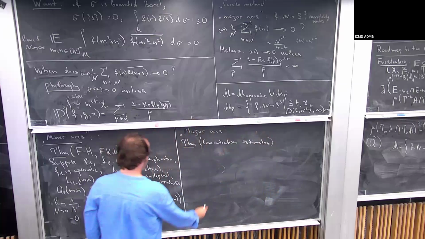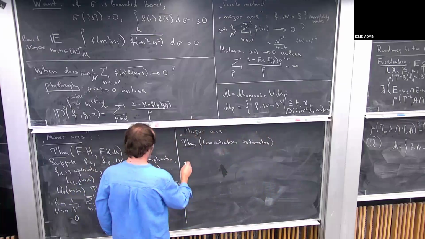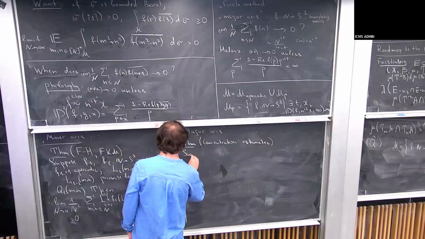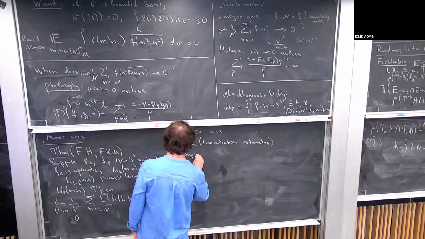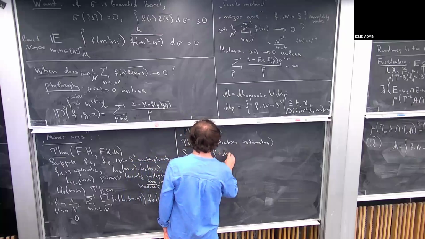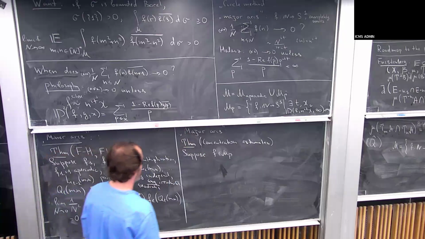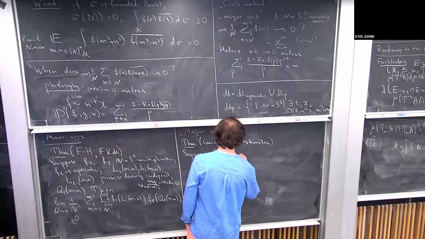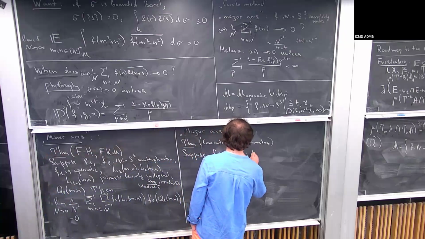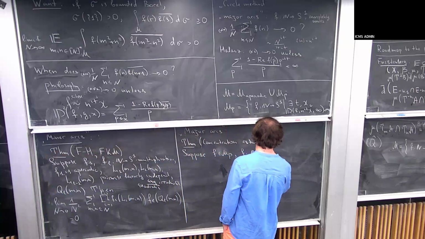So the concentration inequalities are the following. Suppose I'm giving you a function f in major arcs. Let me state it in the special form, real valued. It's a bit more complicated for non-real valued.